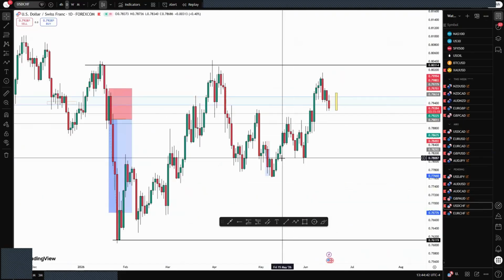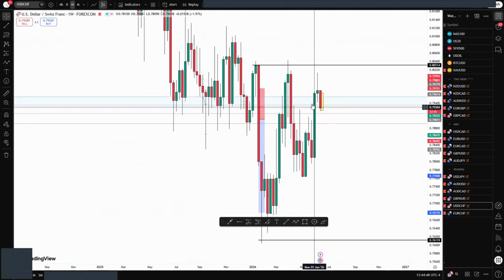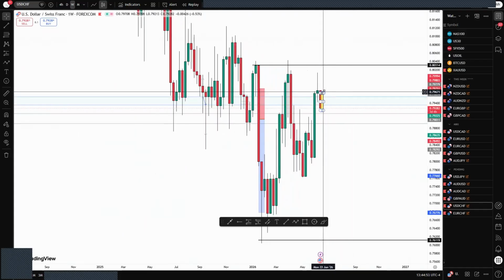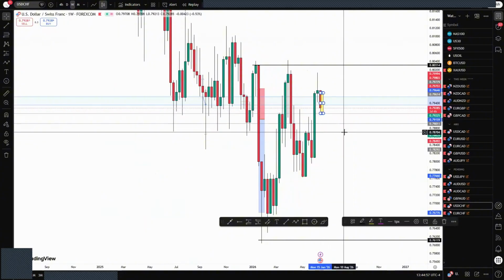This one needs a weekly rejection below this level. Like this, similar price is moving, but it should close below this level.